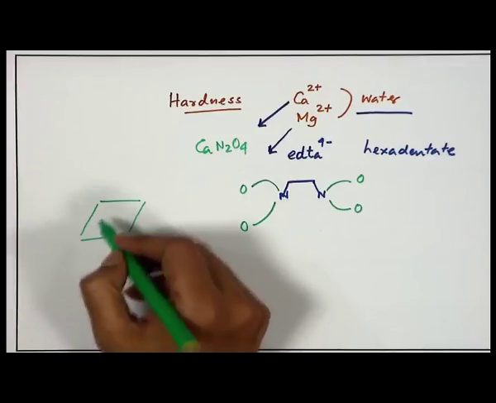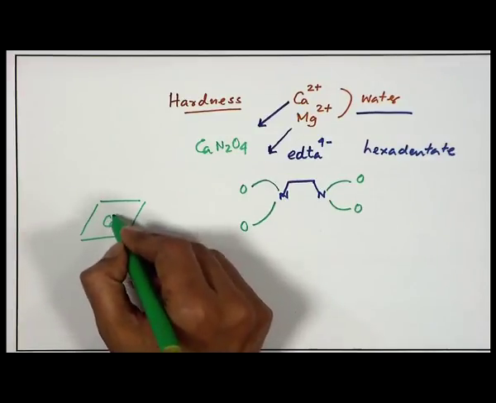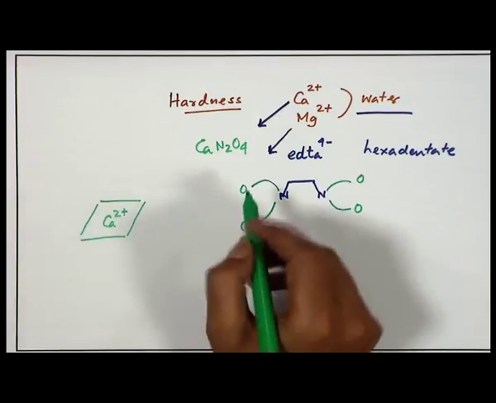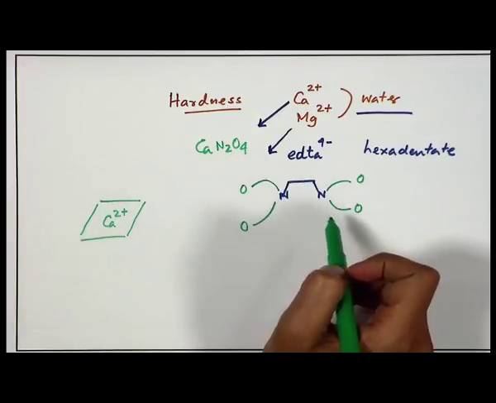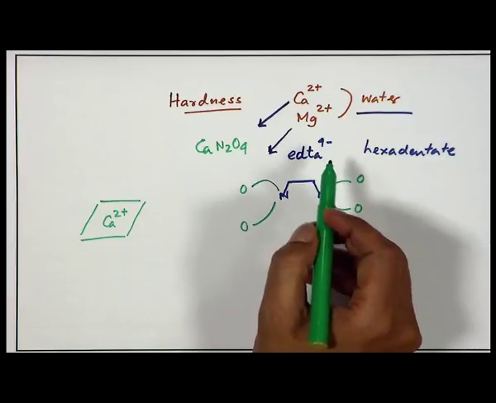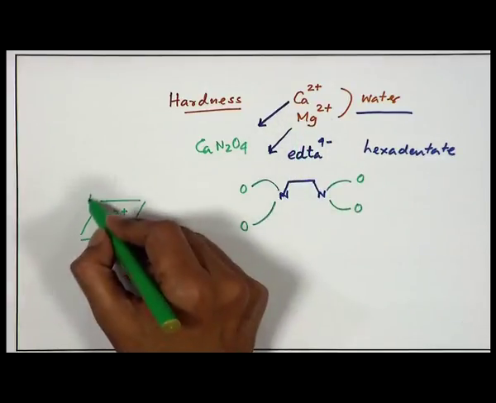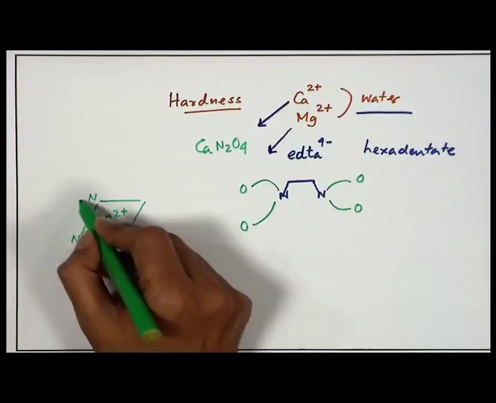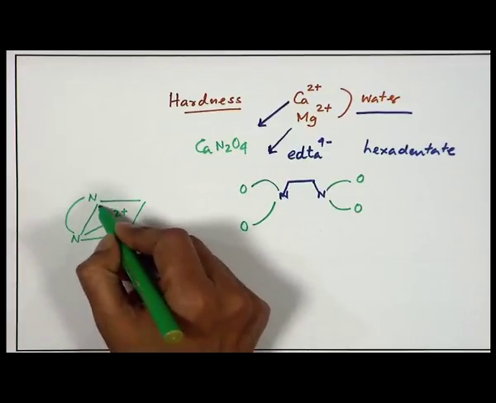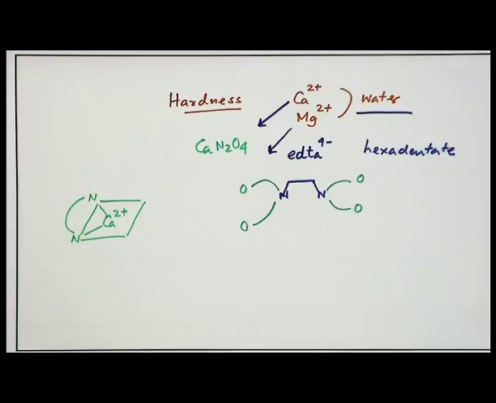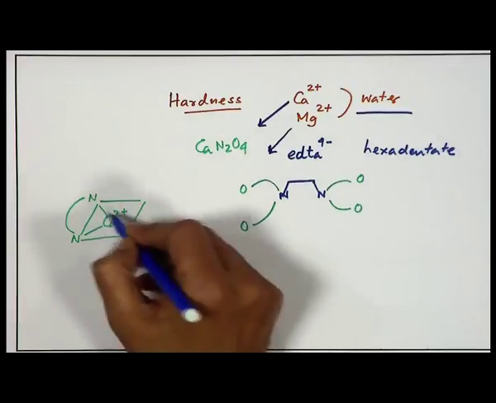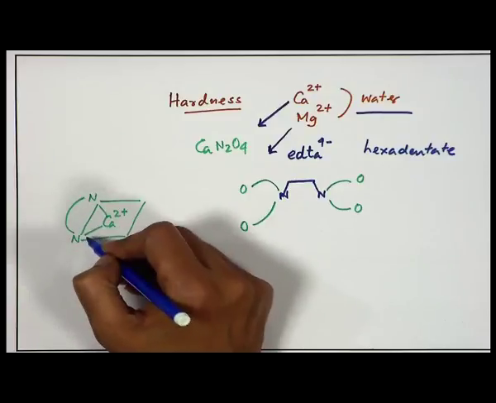Drawing of this is also very important, because we are correlating the binding of this EDTA, that means the hexadentate ligand, to the calcium center or the magnesium center. Since these 2 nitrogens, we have already seen, can very easily form a bond giving rise to a 90-degree chelation, these are the cis angles.